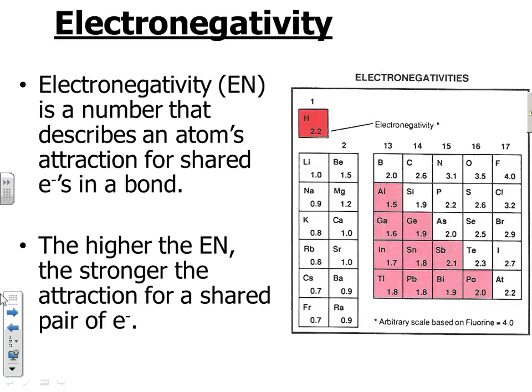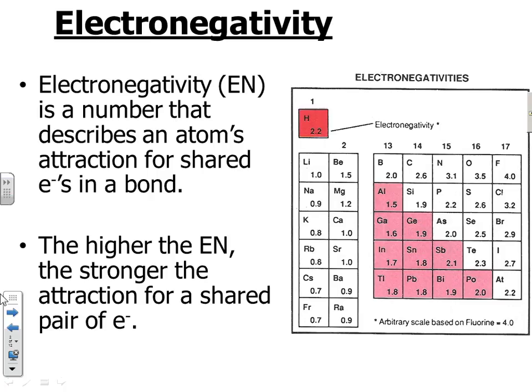Which atom is the strongest of the pullers when it comes to the electronegativity? Which element pulls the strongest? What do you got? How did you know that? It has the biggest number. Notice on my chart, it's a 4. Notice what happens to the electronegativity, its ability to pull, as you move down a group.